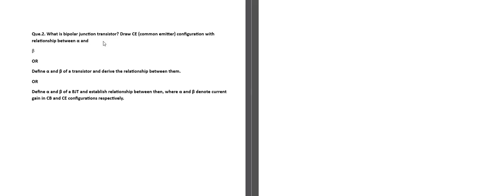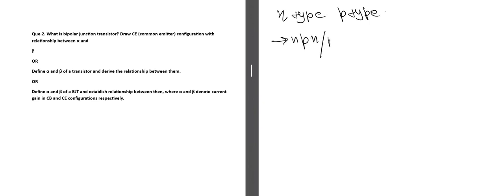A bipolar junction transistor is made of three semiconductor regions. Semiconductors are mainly of either N-type or P-type. The transistor can be either NPN or PNP, where this is the N layer, and then we sandwich a P layer within another N layer.